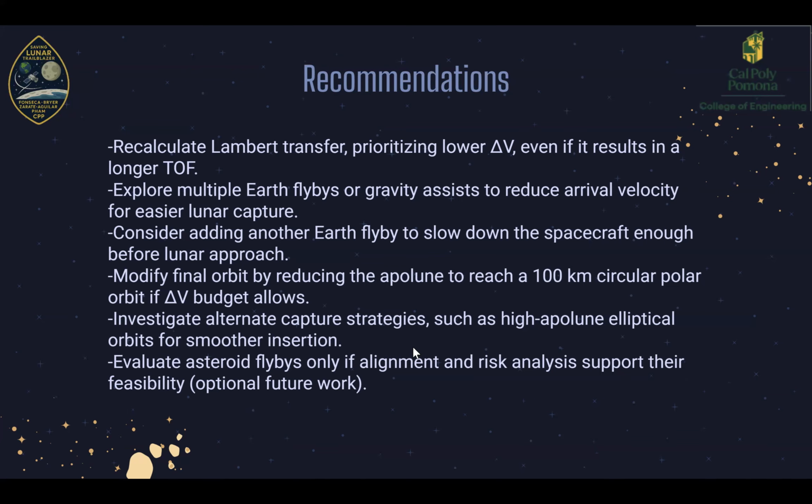And definitely that also gives us more room to spend more delta V in the correction maneuvers that will be required to make the apoapsis smaller into a circular orbit at the Moon, and then to correct the orientation of that orbit.